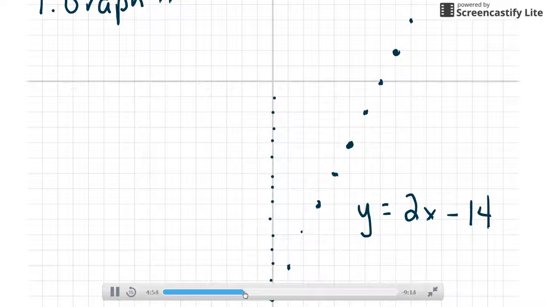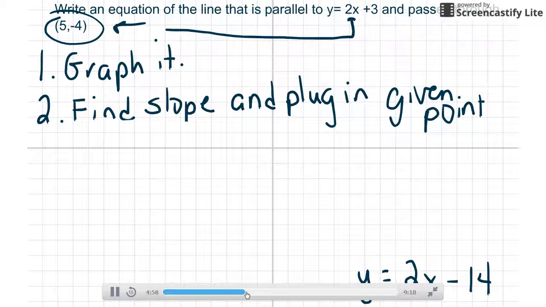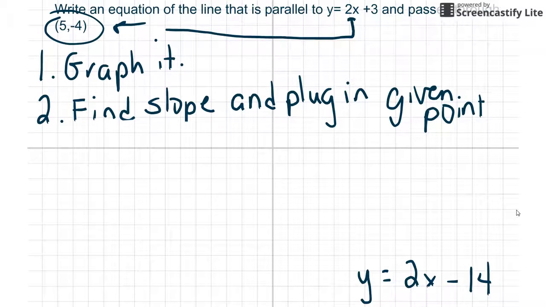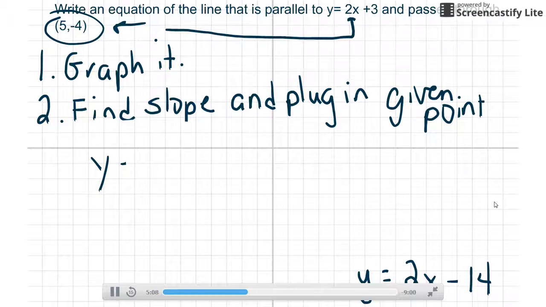And it looks like it's negative 14. So that's one way. Another way would be to find the slope and then just plug in a given point. So I would probably use point slope for this, but again, you could really use either method you wanted to.